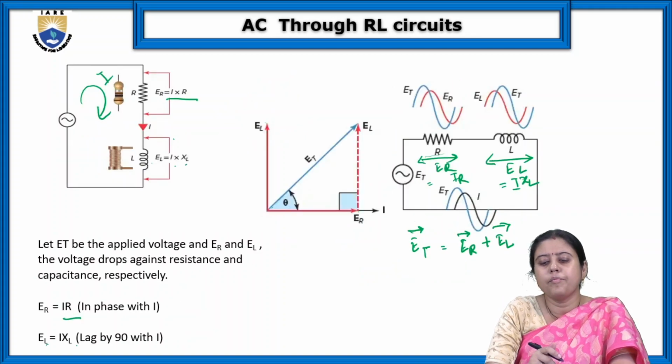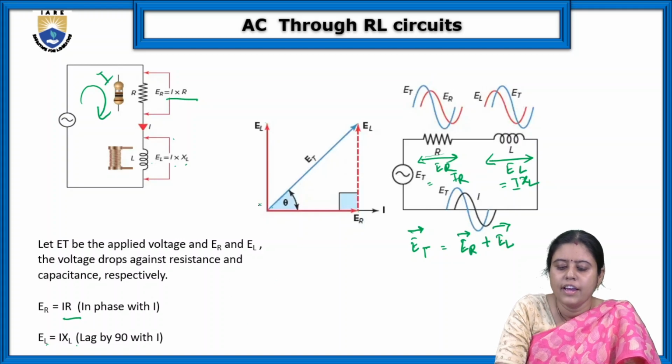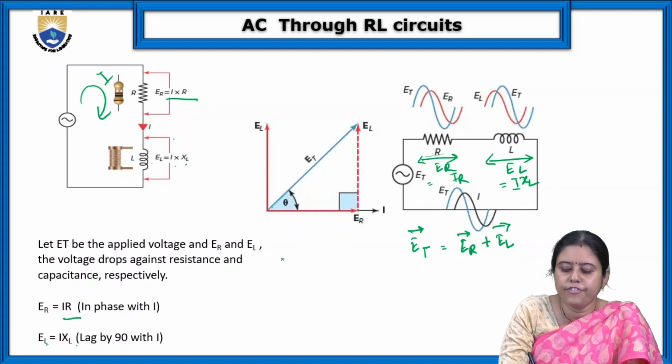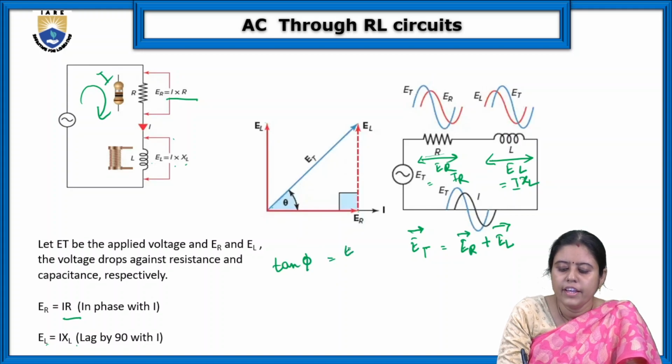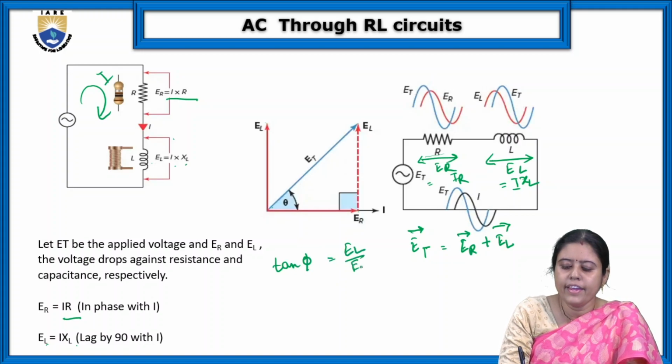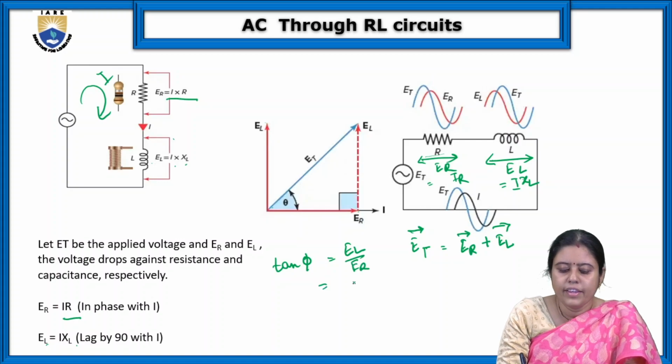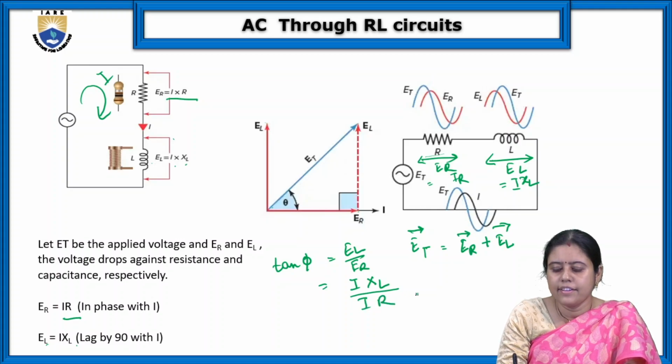Same thing for the RL circuit. If we go for the phi, tan phi is equal to EL by ER. What is EL? EL is equal to I into XL. What is ER? I into R. I cancels out.